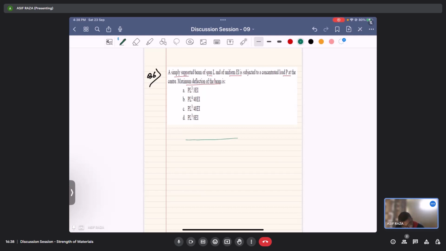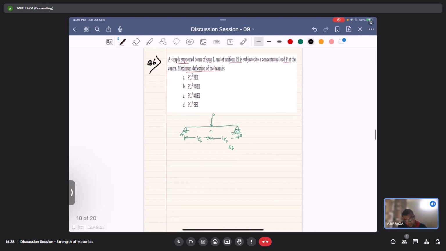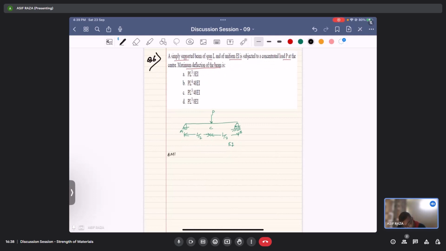What is given? We are given a simply supported beam, and there is a concentrated load at the center, L by 2, L by 2, and EI is the flexural rigidity, and I can take A, B, C. Now, for this system, what would be my bending moment diagram?